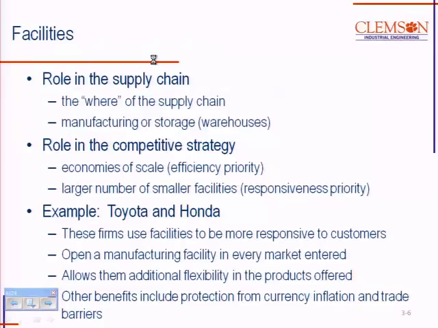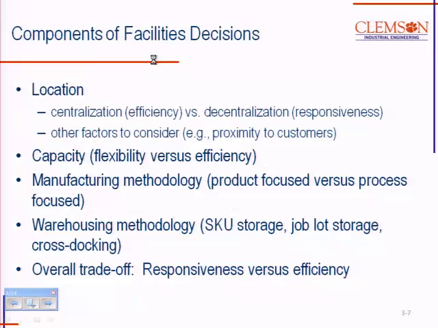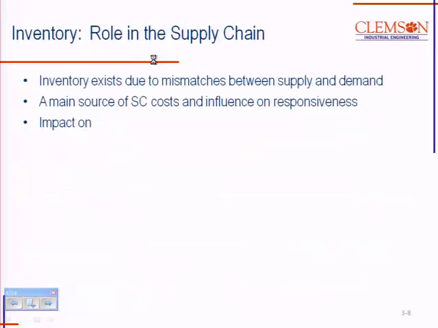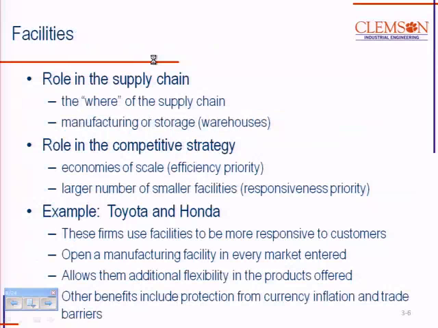So the way that this lecture and review is structured is we're going to go through each one of these 6 and talk about the role in the supply chain, the role in the competitive strategy, and then different components of making those kinds of decisions, and show an example, I think in most of these, of what a company has done to address the supply chain for that particular component.